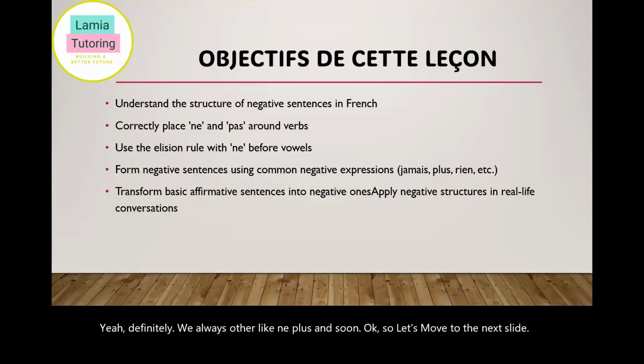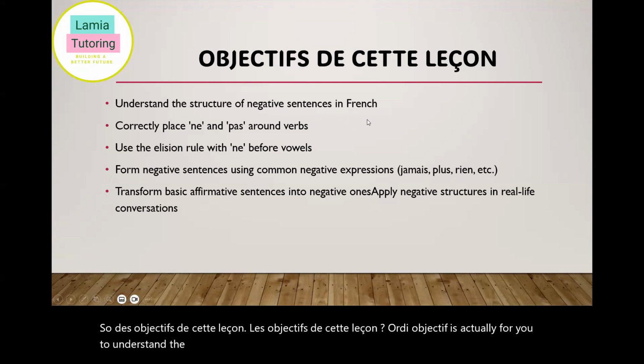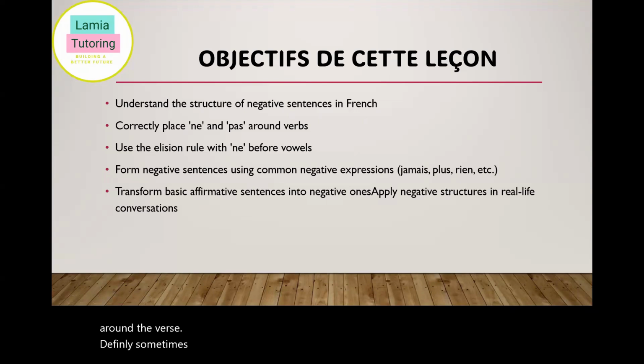The objectives de cette leçon, the objective, is actually for you to understand the structure of negative sentences in French, but also to correctly place the pas around verbs. Definitely, sometimes it's gonna be harder to place the pas around the verbs.